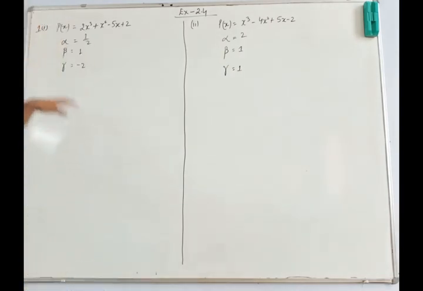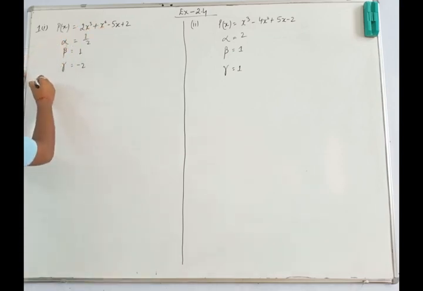Now the first question: verify the numbers given alongside the cubic polynomial below are its zeros, and also verify the relationship between the zeros and the coefficients in each case. So we have to verify that these three numbers are the zeros of this polynomial.